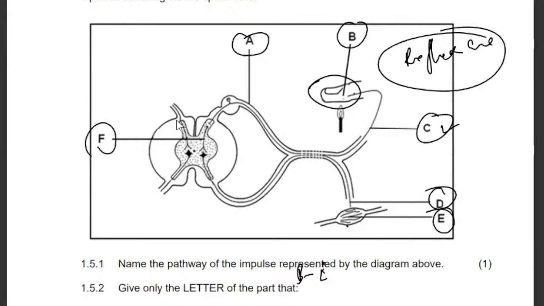So basically, B is where the structure of the sensory neuron is being connected, and then it continues like that. Yes, meaning that we don't find any other neuron in this diagram other than the sensory neuron.